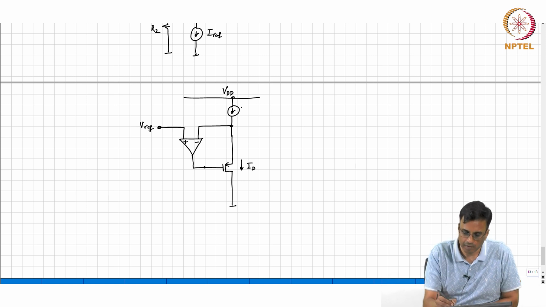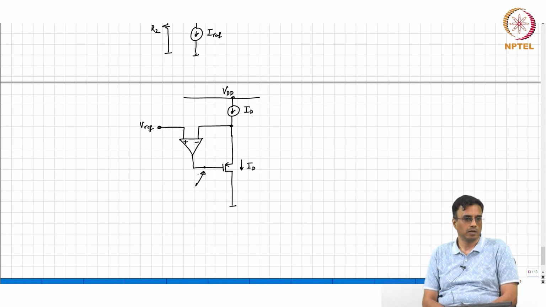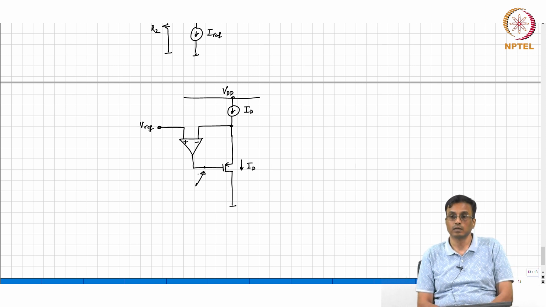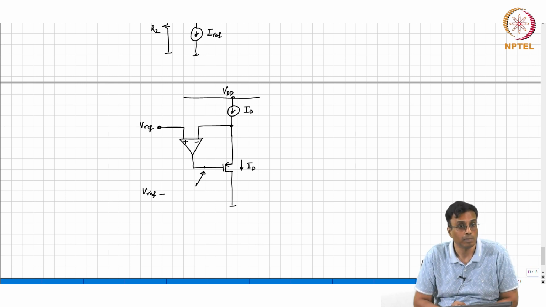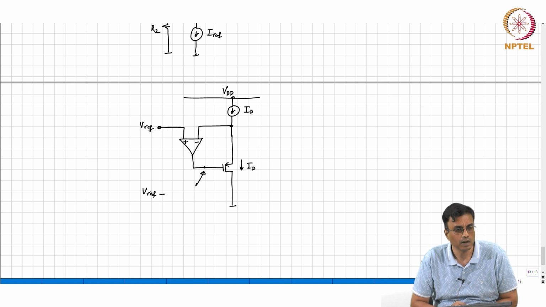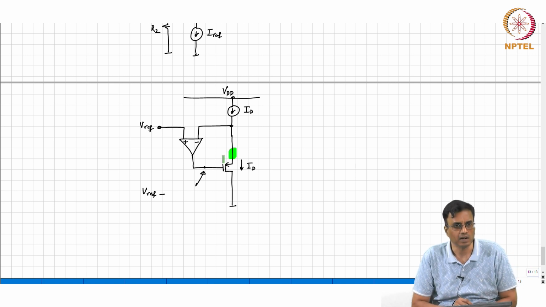Okay. So, what if this is ID, what is the potential of that transistor at the gate? What is the potential of the gate? What is Vs? V reference, okay. Plus VTP or minus VTP? Which is a higher potential? The source or the gate? Source.